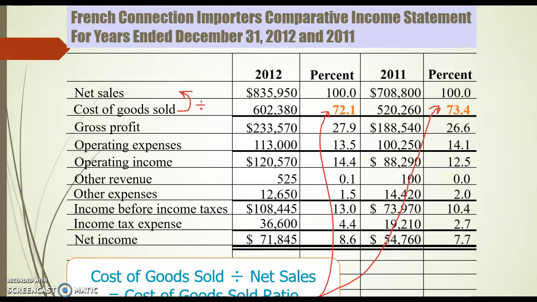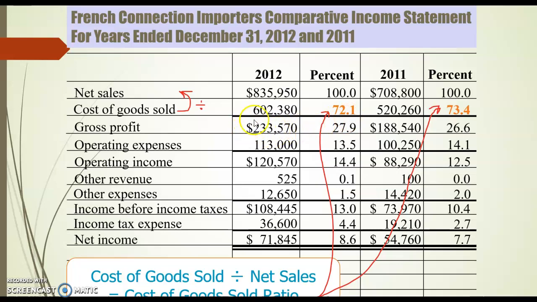So here again is French Connection Importers, and we're going back to their comparative income statement. And so here for 2012, if I divide sales by sales, that's 100%. If I divide the cost of goods sold by sales, that's 72.1%.